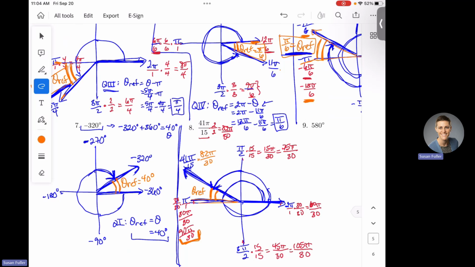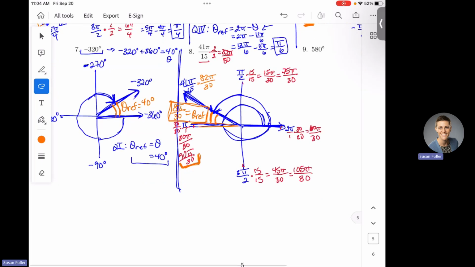So what's the space between 82 pi over 30 and 90 pi over 30? Yep, it is 8 pi over 30. Whew.